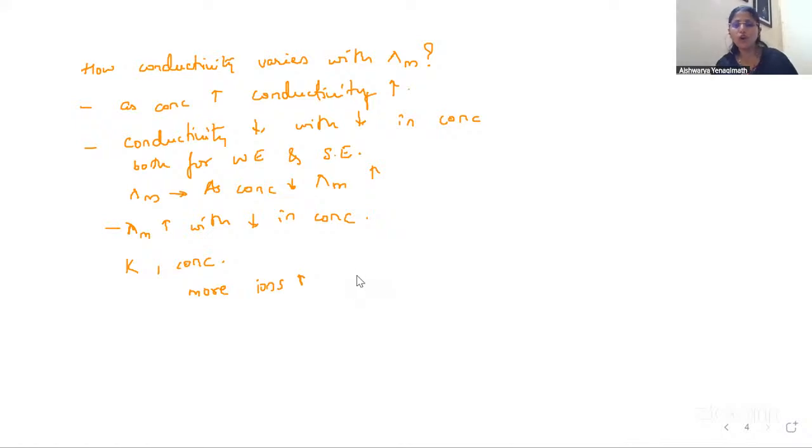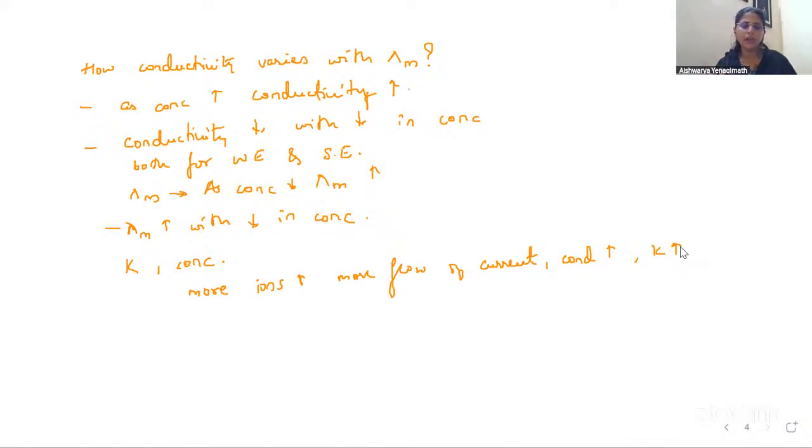More flow of current means conductivity is more, that is, kappa is more. Is that right? So obviously my conductivity will increase. This is the simple logic. What happens with less concentration? The concentration is less, you are diluting. So conductivity is dependent on what?